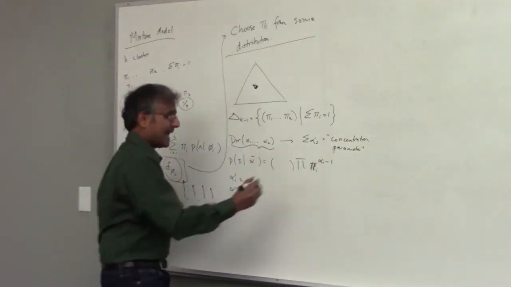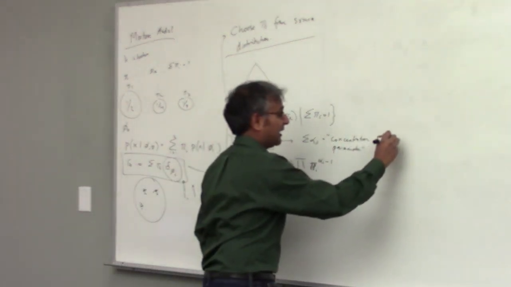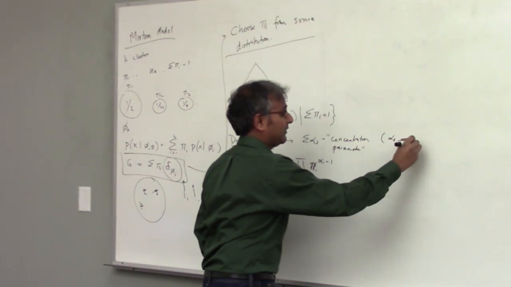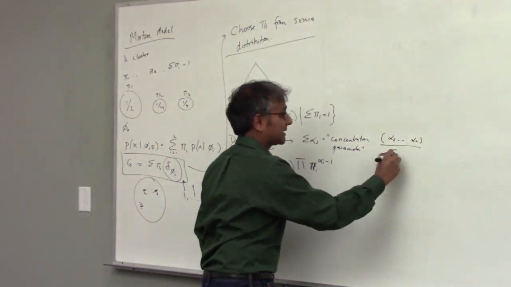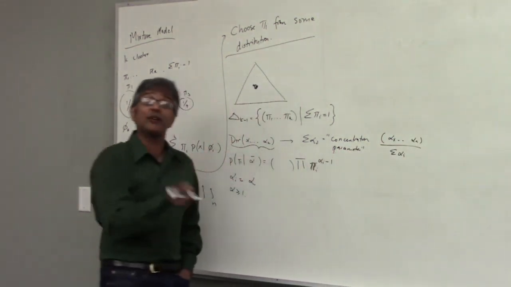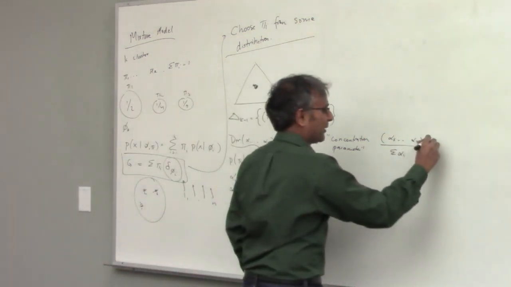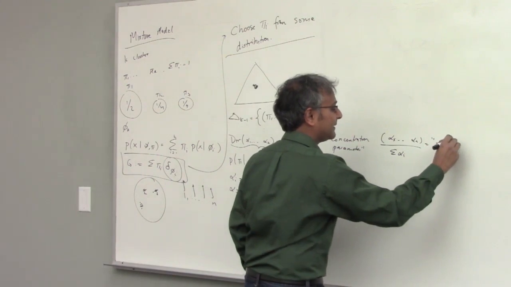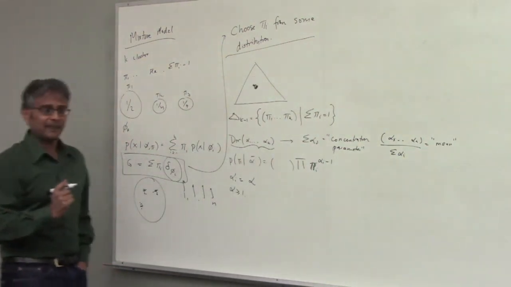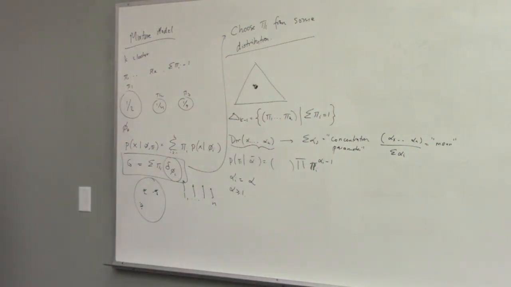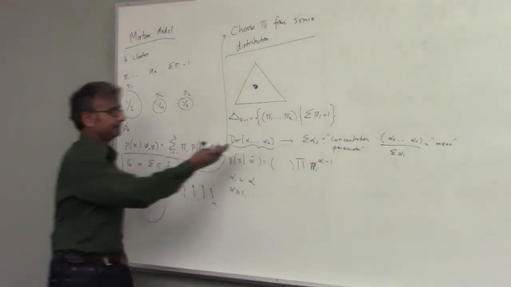And the vector alpha 1 up to alpha k divided by the sum of alpha i, which is normalized and therefore is also a point of the simplex, is like, I'm going to put in quotes, a mean. Okay? That's one way to interpret what's going on.